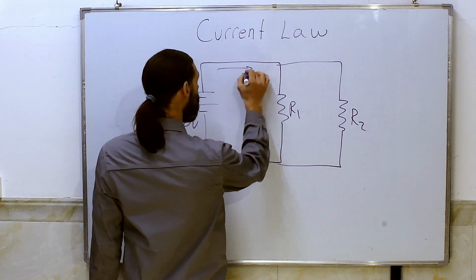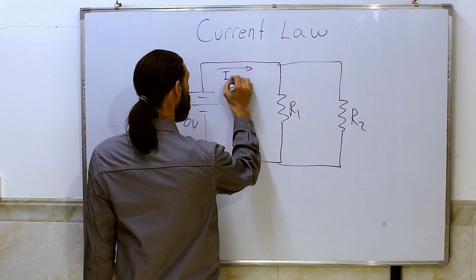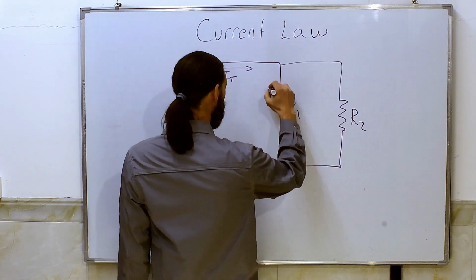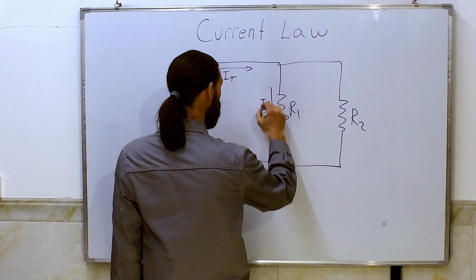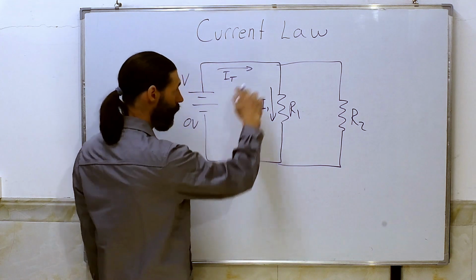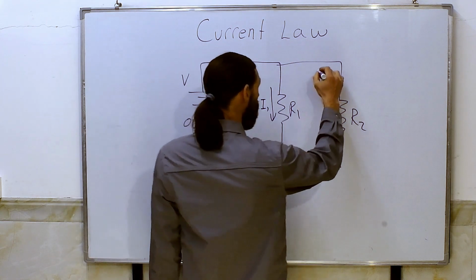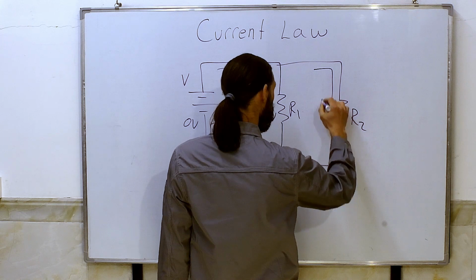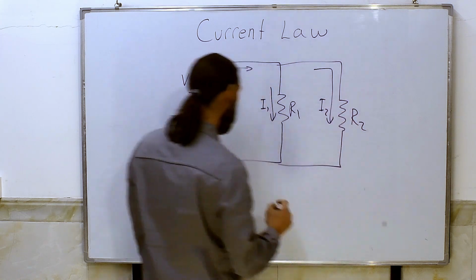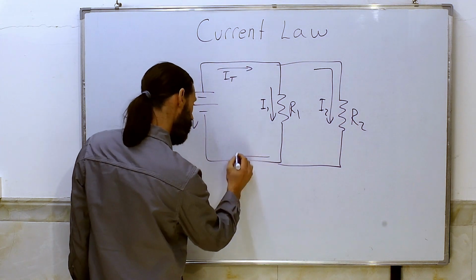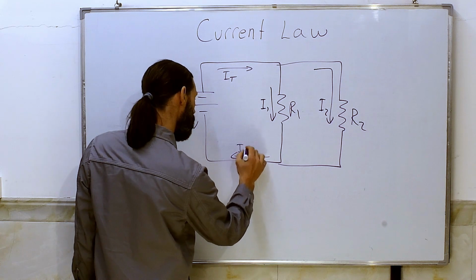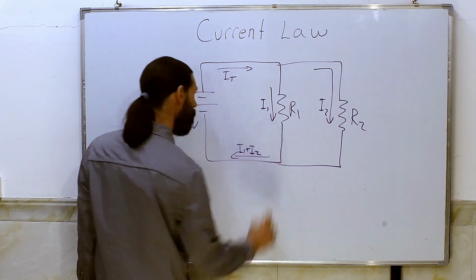This is our total current. Here we're going to have I1, the current across R1, or in this branch of the circuit. And here we're going to have I2. And down here, we're going to have I1 plus I2.